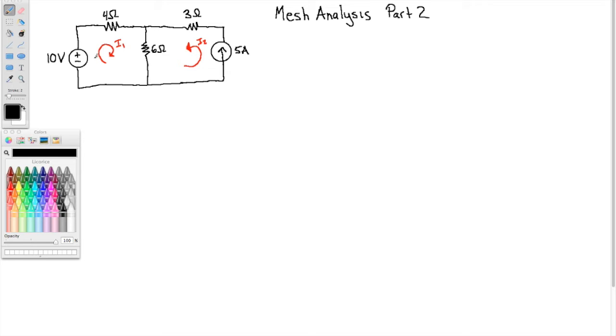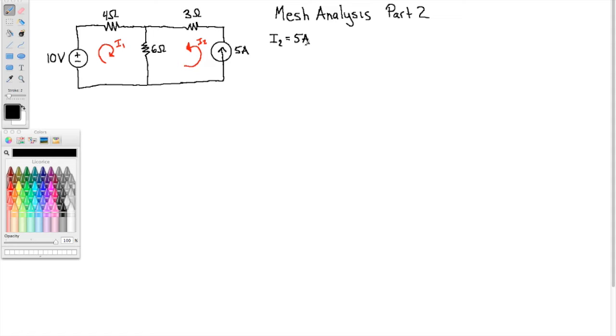Mesh 1 current is over here; it does not affect this 5 amp source. So in the rightmost branch, all we have is I2, and we have 5 amps. Because our I2 aligns with the 5 amp source, in the same direction, that must mean that I2 is 5 amps.